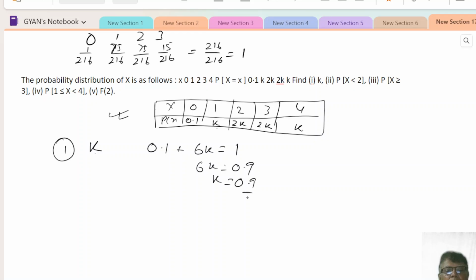Therefore, k is equal to 0.9 by 6, that means 0.3 by 2, so that is 0.15. This is k.